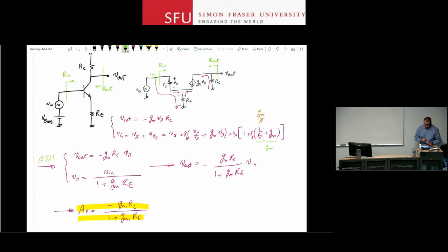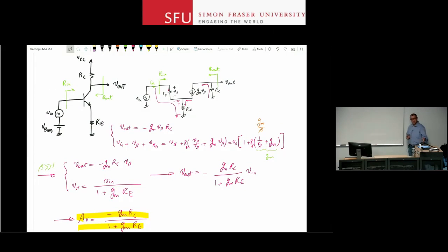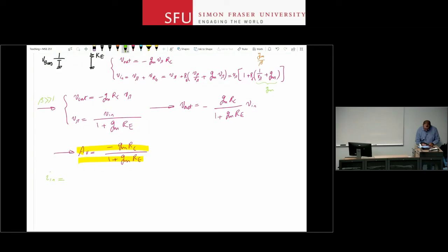So if I calculate I in here, I can calculate the input resistance right away. I notice that I in this circuit is just V pi over R pi. Okay? So I in is equal to V pi over R pi.